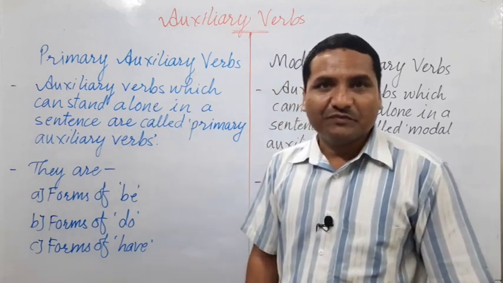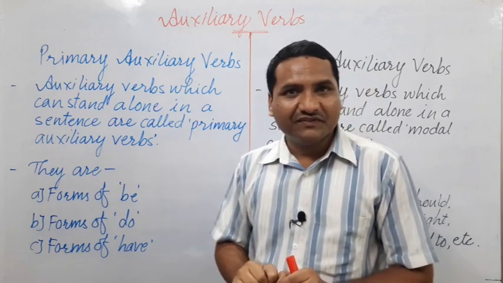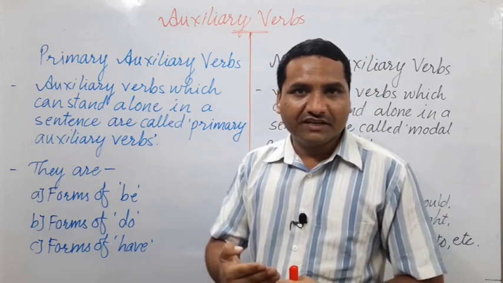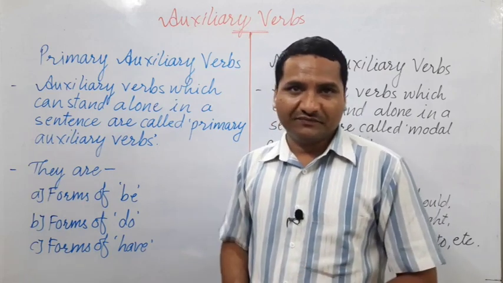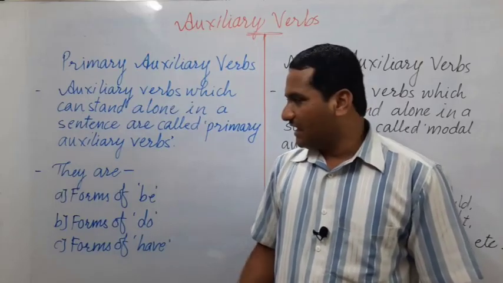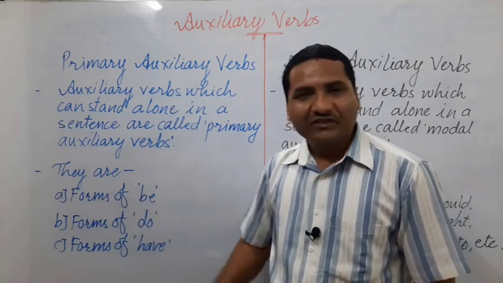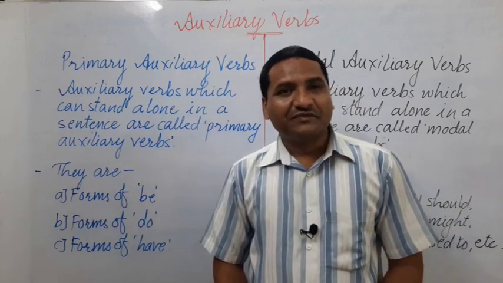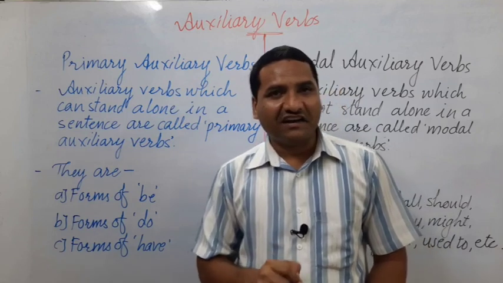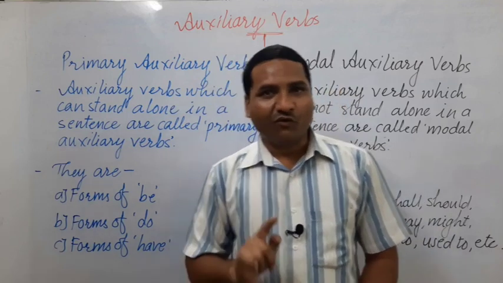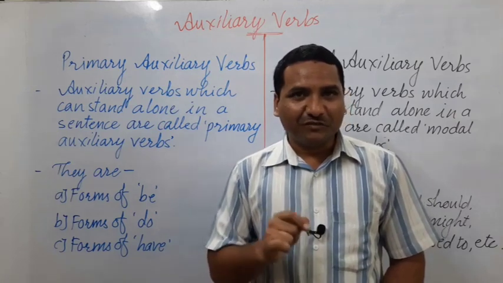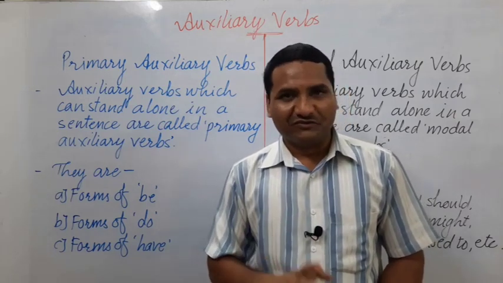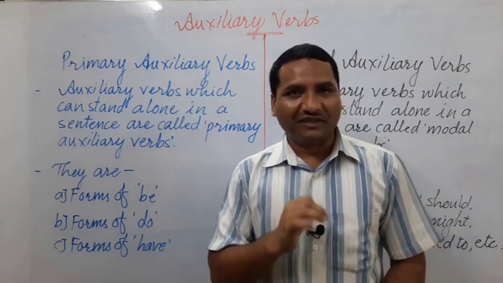It means primary auxiliary verb हे असे auxiliary verb आहेत की ते एकटे पण वाक्यात येऊ शकतात. Primary auxiliary verbs are forms of be. Forms of be means am, is, are in present, was, were in past and shall be or will be in future.